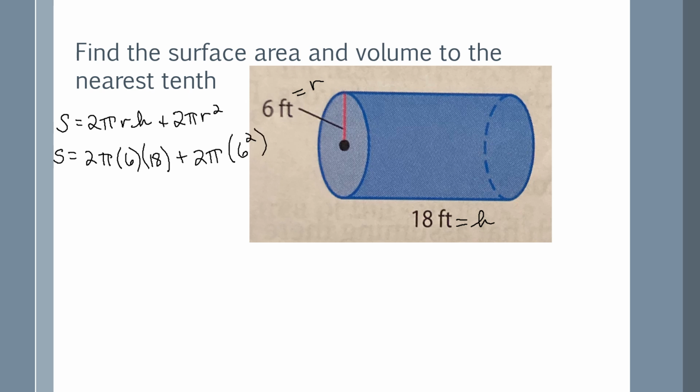We're going to clean this up. This is equal to 2 times 6 times 18, and with our calculator I've got 216 pi.